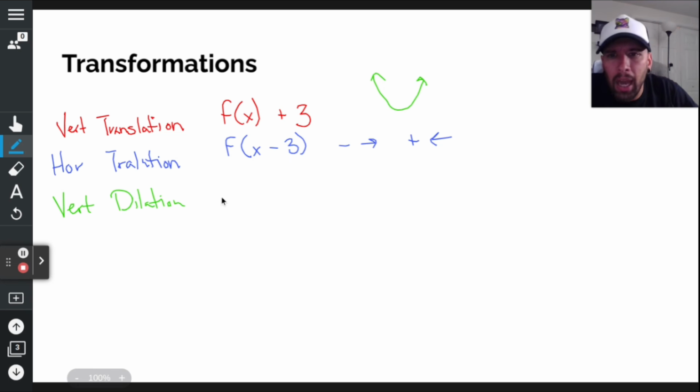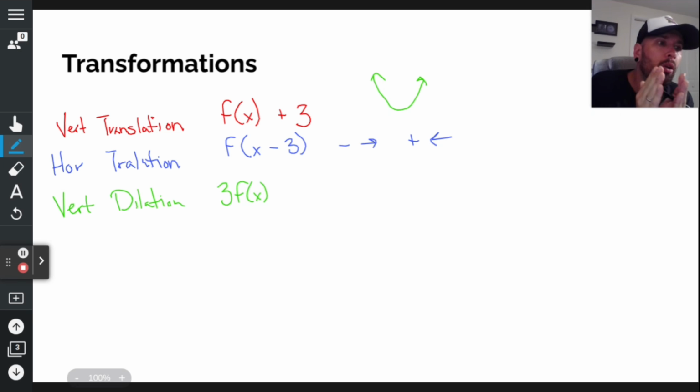The way you do that is you take some number and multiply it to your whole f of x. What that looks like in this case is this gets skinnier. It's also called a stretch because it looks like you take your parabola, grab it from the top and pull it. And so that's the vertical dilation.